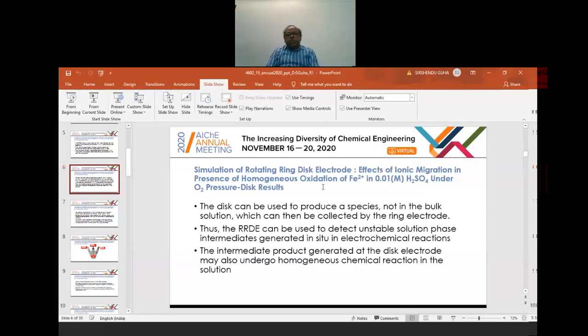So it can detect solution phase intermediates which are generated in situ in any electrochemical reaction. An intermediate so generated in the disk reaction may undergo homogeneous chemical reaction in the solution. That's what we have considered in the present work.